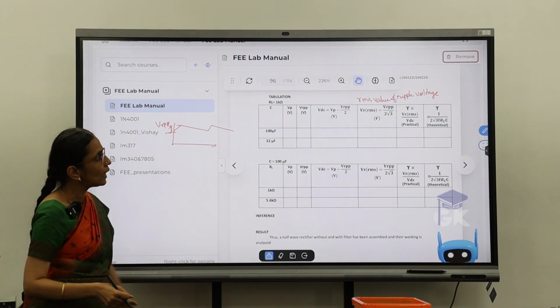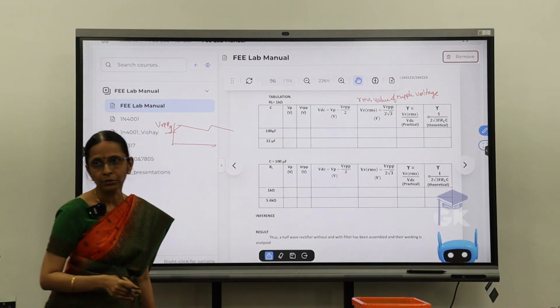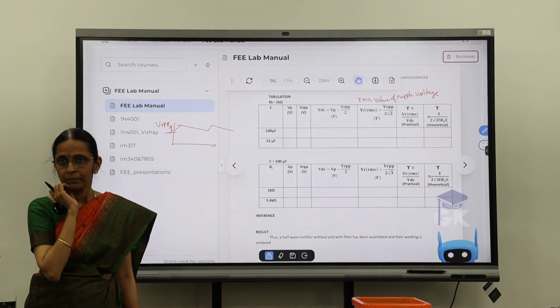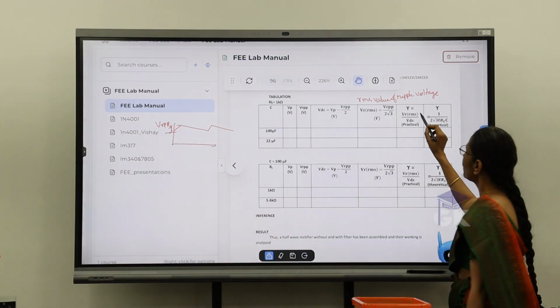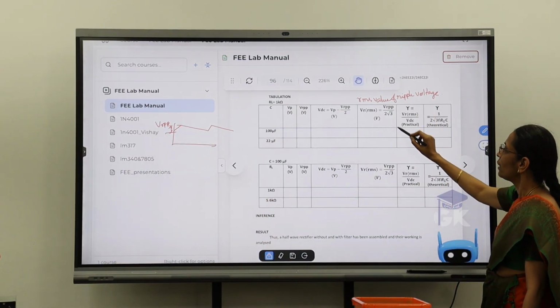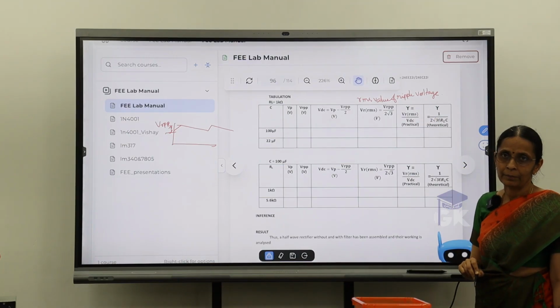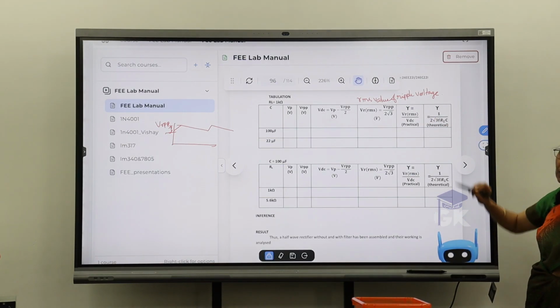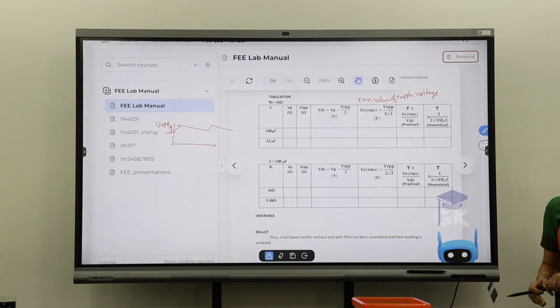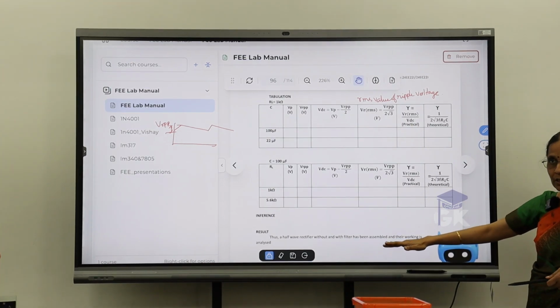So that RMS value is determined using that particular formula, right? And if I find the ratio between VR of RMS and VDC, I get the practical ripple factor. Theoretical ripple factor can be determined by making use of the formula, which is 1 by 2 root 3 into FRLC. The same thing holds good here also.